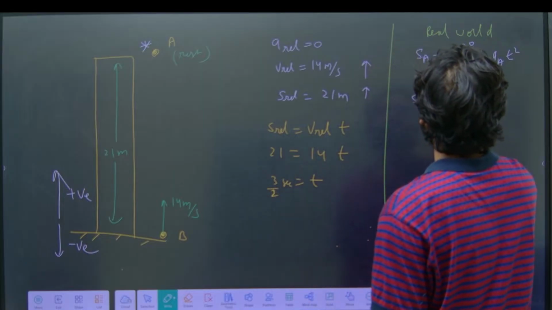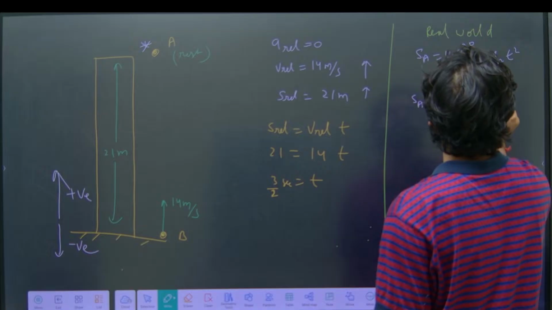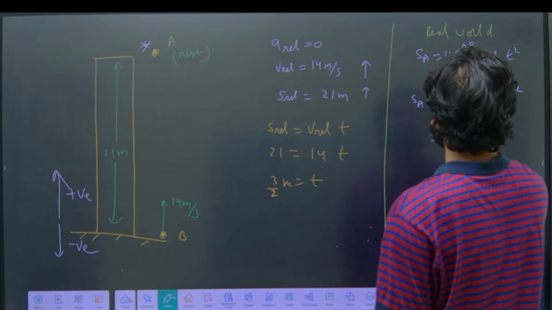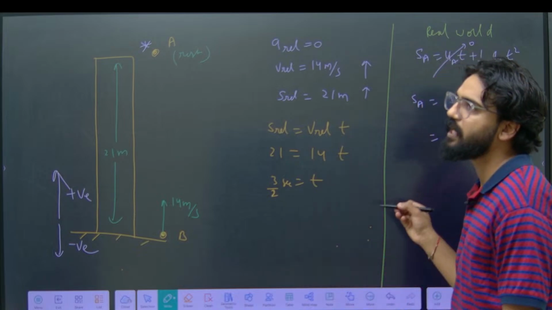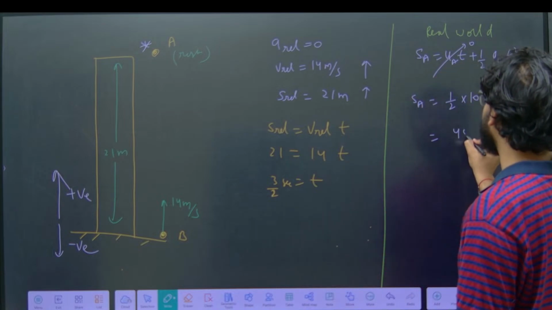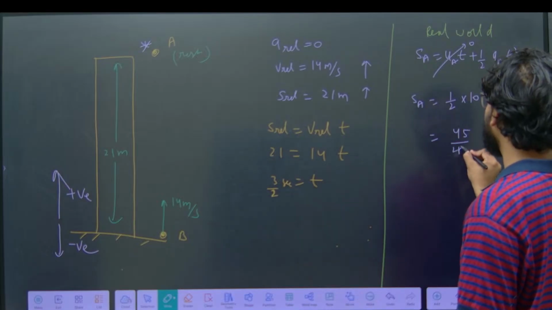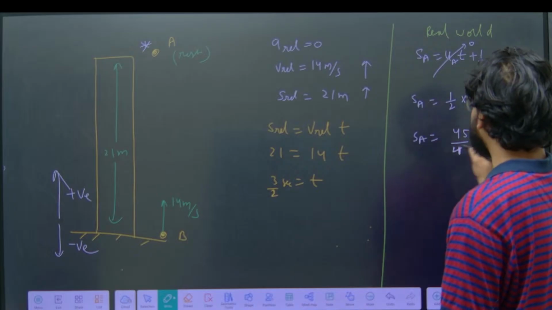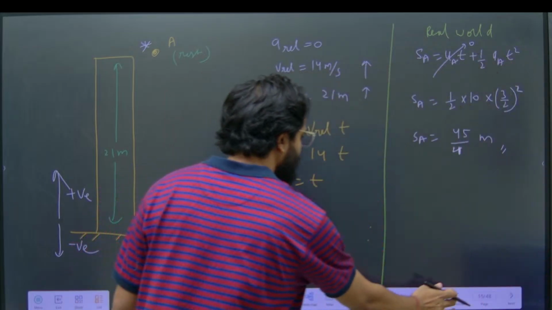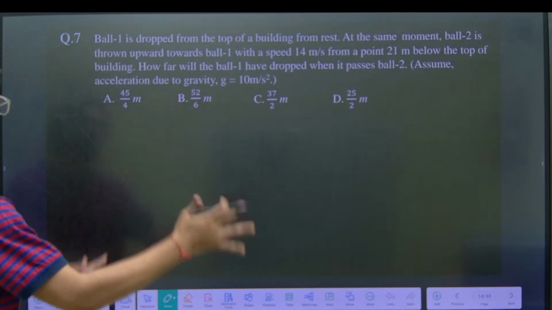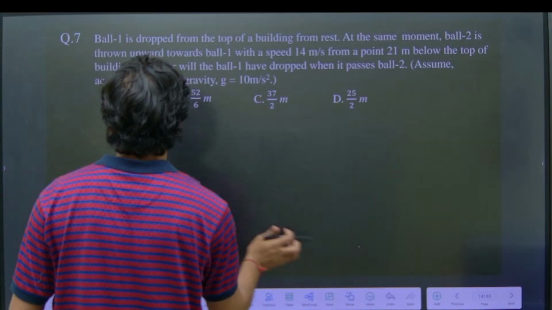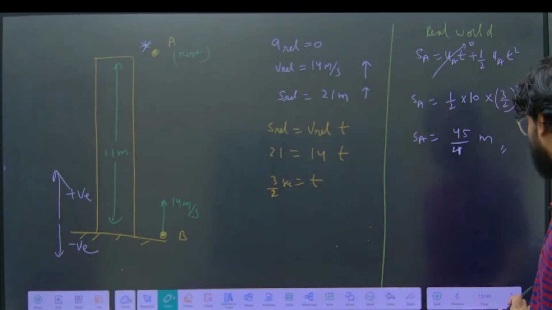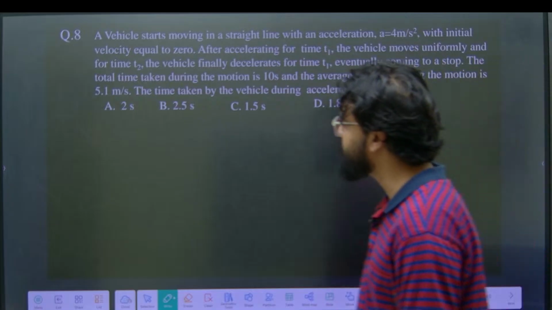So S of A is half into 10 into (3 by 2) square, which is 5 into 9 by 4, so it is 45 by 4 meter. So this is the distance traveled by guy A.